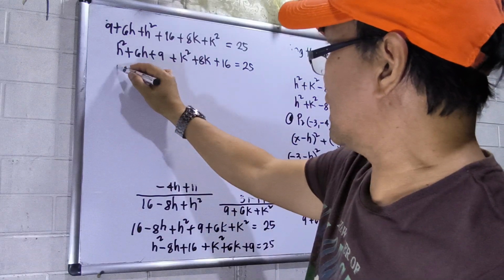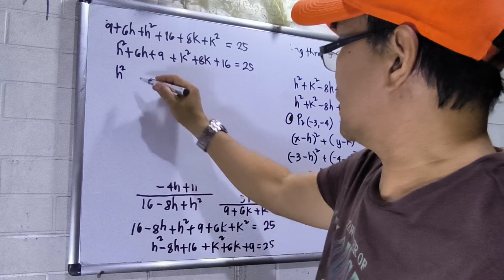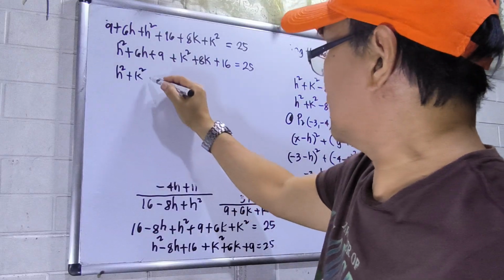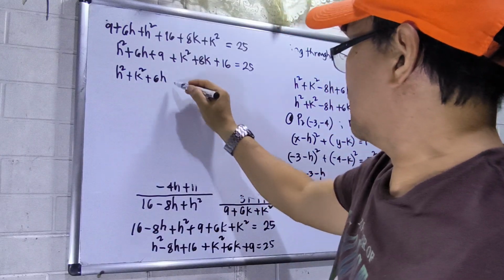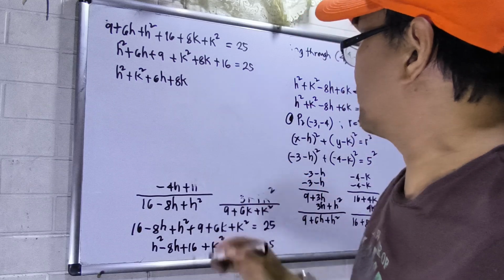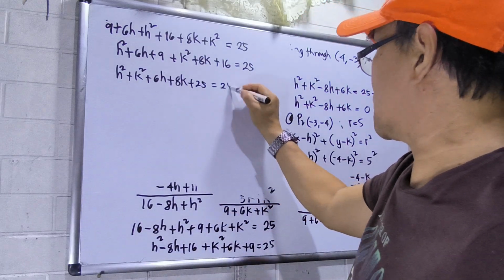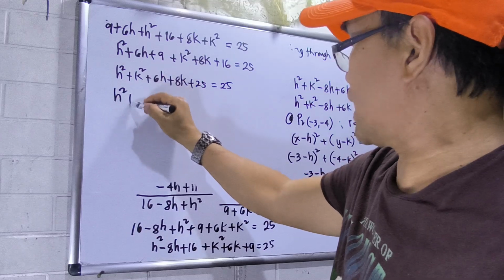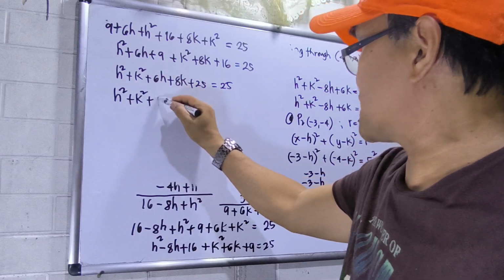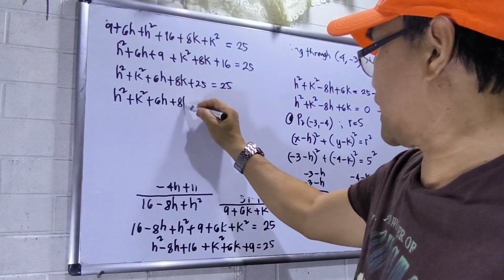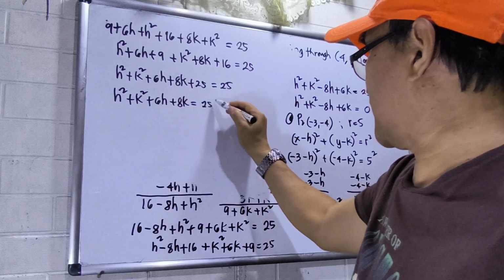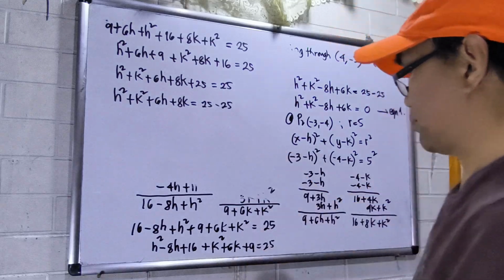So this will be h squared plus k squared plus 6h plus 8k, and then combine plus 25 is equal to 25. H squared plus k squared plus 6h plus 8k plus 25 is equal to 25, so 25 minus 25.